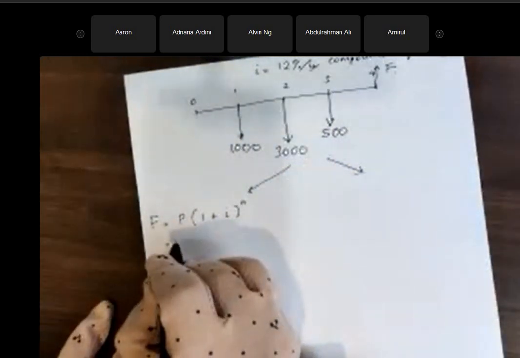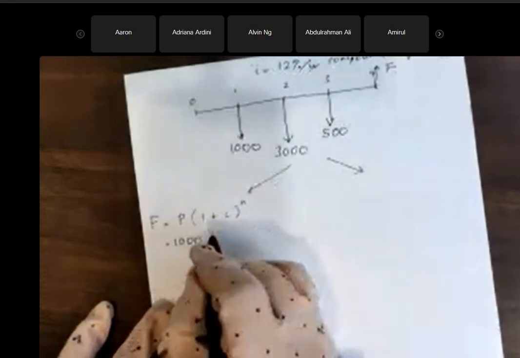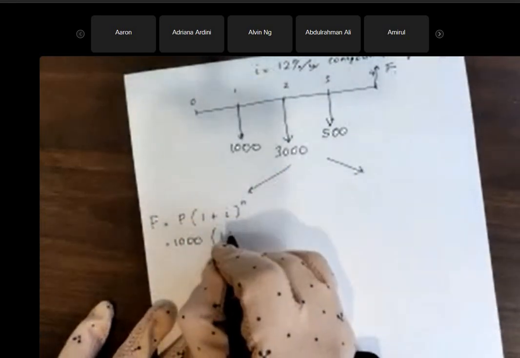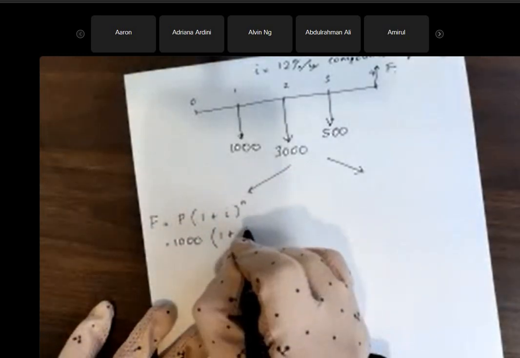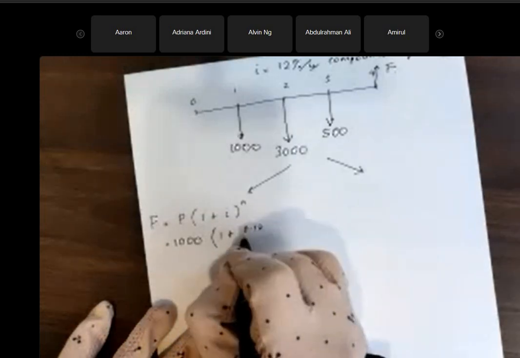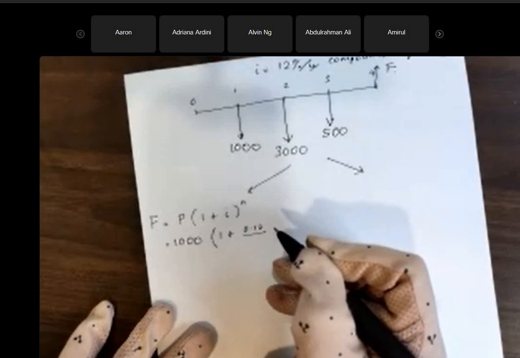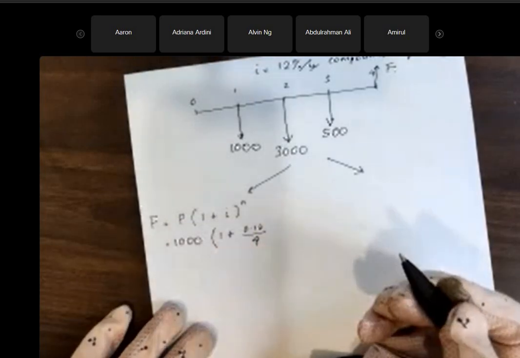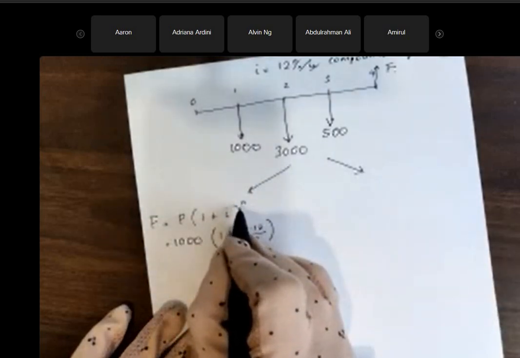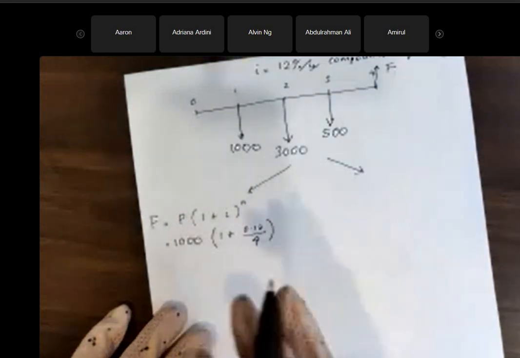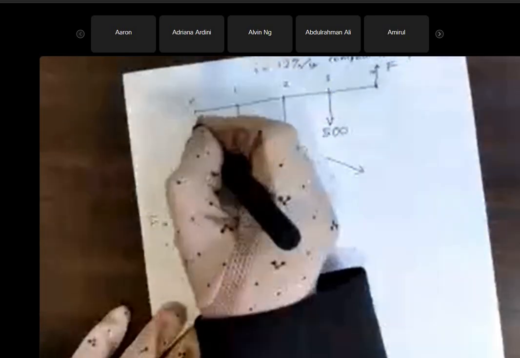The first one is 1,000. 1 plus, what is the interest? 0.12 divided by, this one is nominal, how many times? 4 times, right? Now the exponent is about how many compoundings until the year. Remember this is F, not P. If P, it is easy to calculate.